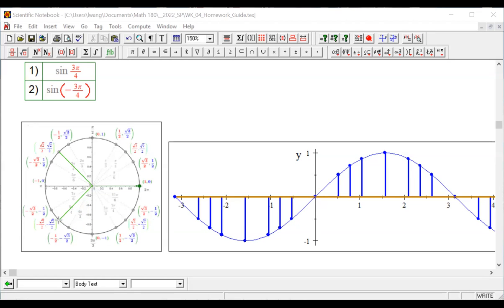You see, we are reflecting on that definition. And if you ask about reference angles, of course, there are reference angles here, which is pi over 4.